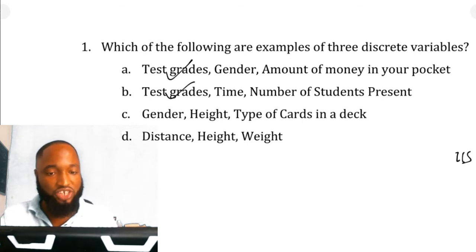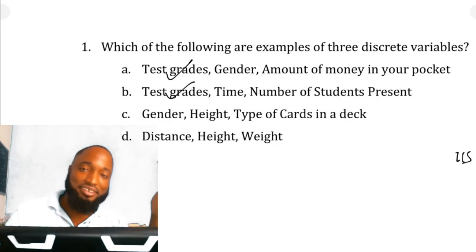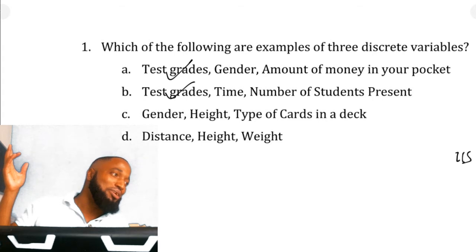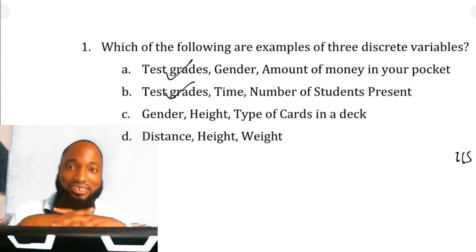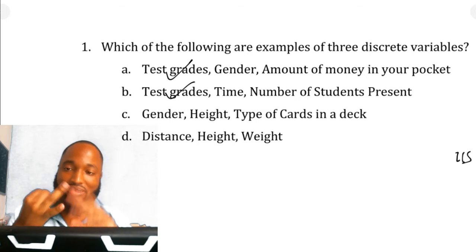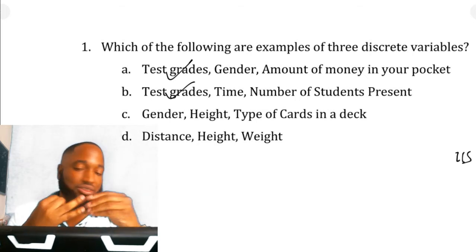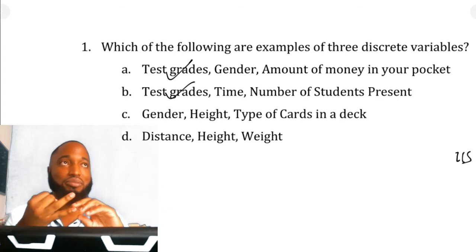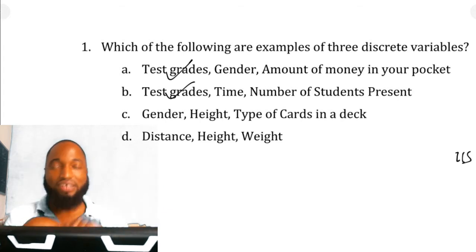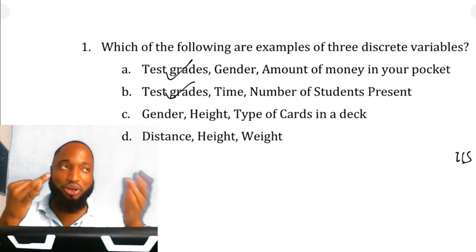What about gender? Is gender discrete? Well, these days, all kind of things happening out here. But from a traditional approach, yes, male and female. We're talking from the point of view of sex.